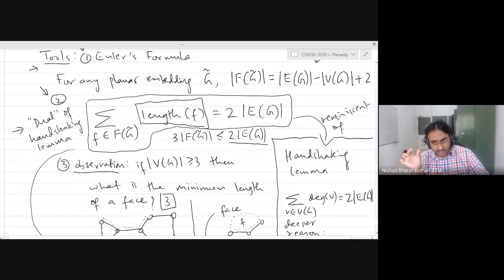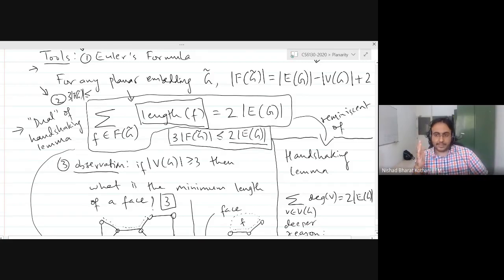Because for each number, we know that 3 is a lower bound. So this left-hand side is greater than or equal to 3 times the number of faces. And because the left-hand side is greater than or equal to 3 times the number of faces, the right-hand side is also greater than or equal to 3 times the number of faces.